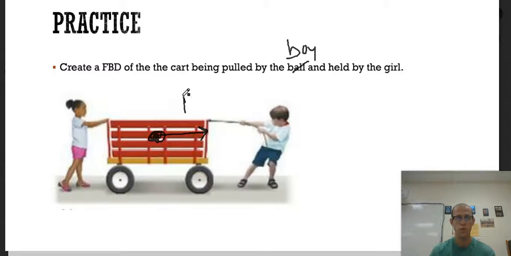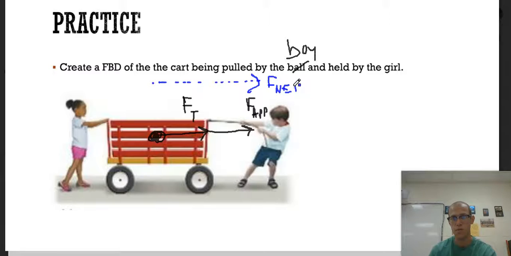So that's a force, I would say tension, because there's a rope involved, and it's being pushed by the girl. That girl is pushing it in the same direction as the boy is pulling it. So I'm going to draw another arrow, and that's going to be the force applied. Now, I like to add my arrows on top of each other, so then I can see that the net force is those things combined. So the net force is this long blue arrow. So I know that is going to accelerate in the rightward direction.